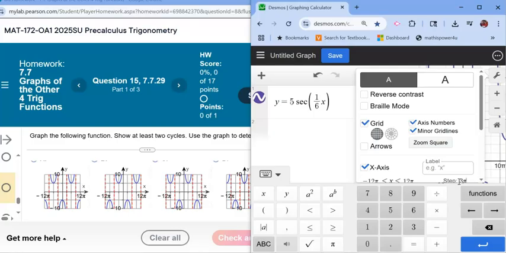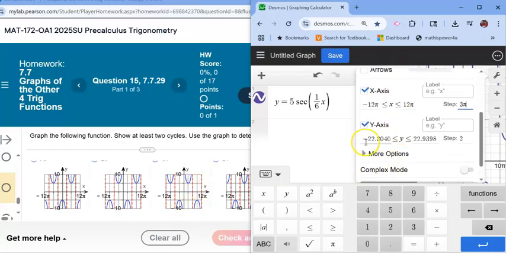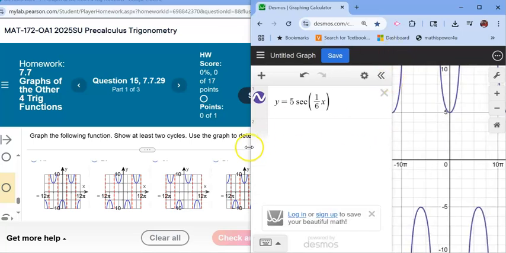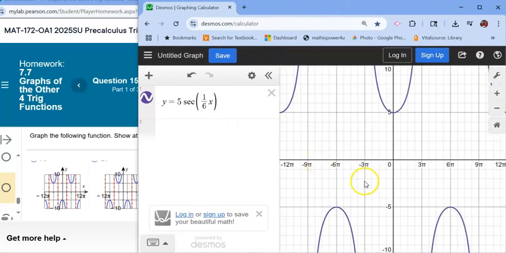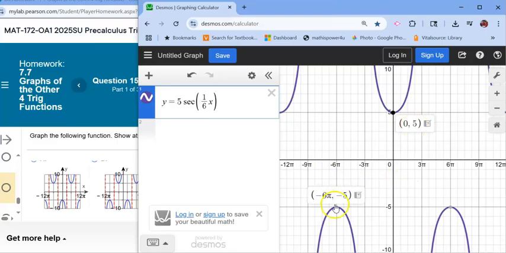All right, and then in the other direction, I have -10 to 10. Those are the y values. So I'm just going to go here, type in -10, tab, 10, and those are every 5 marks. All right, so there is what I see. I'm going to drag this back over so I can see it a little better. So it looks like we have one that goes right along the y-axis, down and touches at 5. And then here at -6 pi and +6 pi, I have ones that touch -5 on the axis.